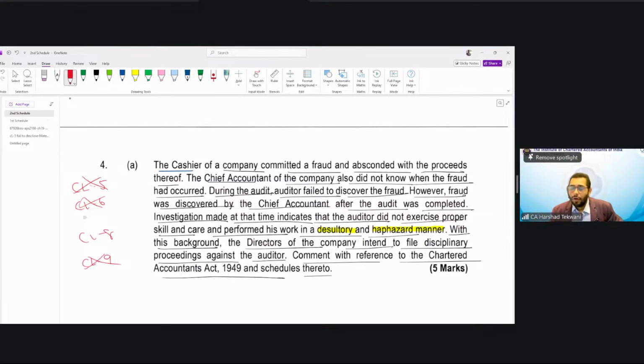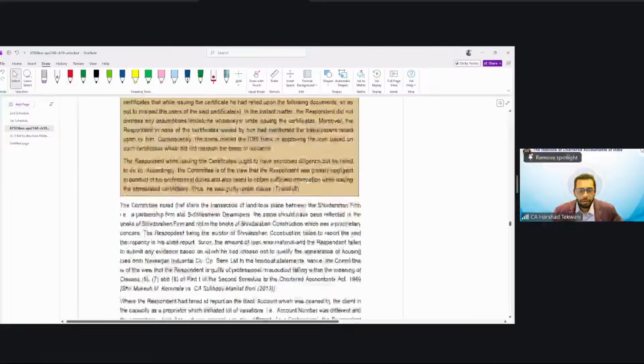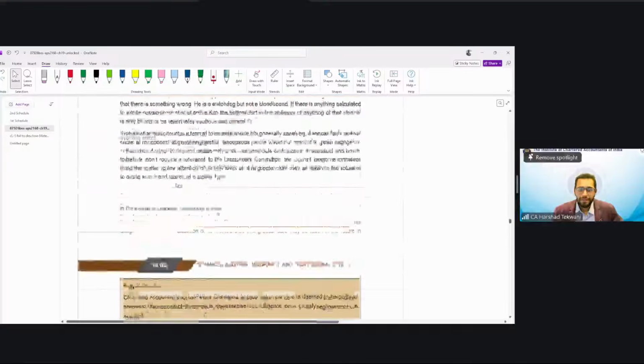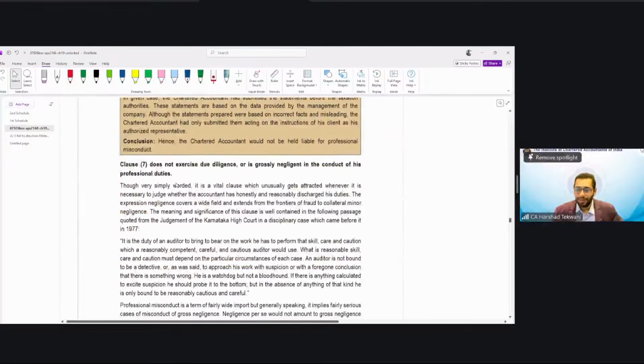See, now there is one more clause that we need to discuss. That is clause number 7. Clause number 7 is very important to understand. Clause number 7 talks about if the auditor does not exercise due diligence or is grossly negligent in the conduct of his professional duties, meaning he is performing the duties, but he is not exercising due diligence.